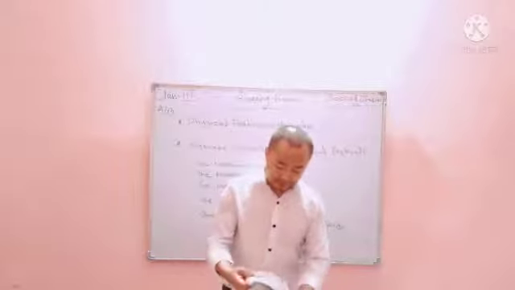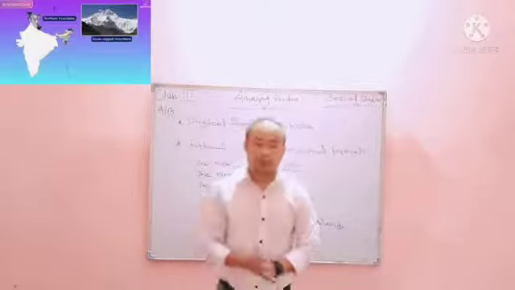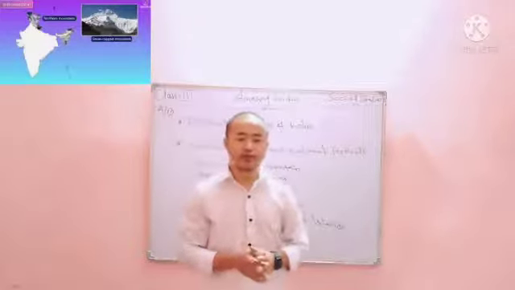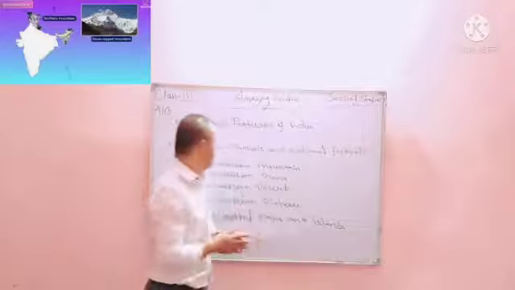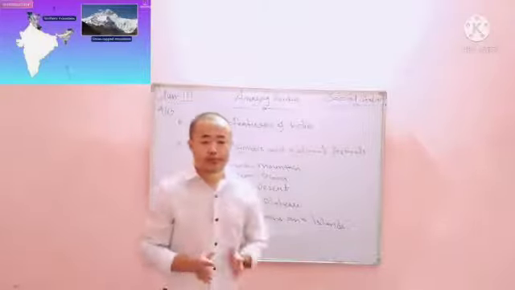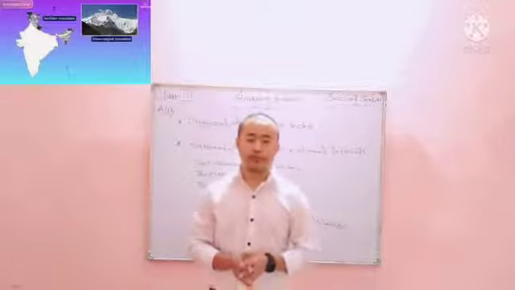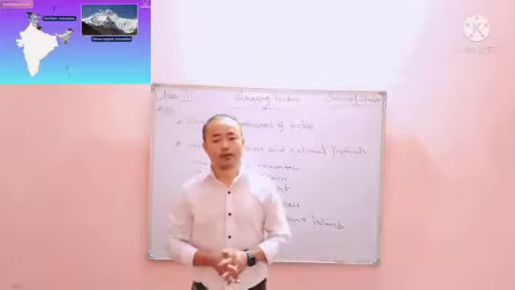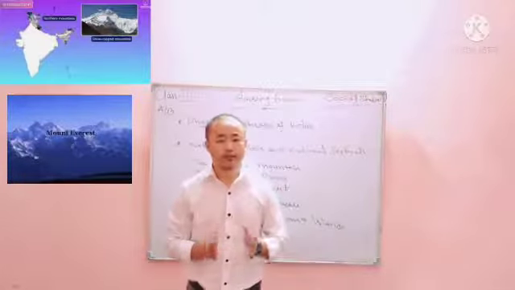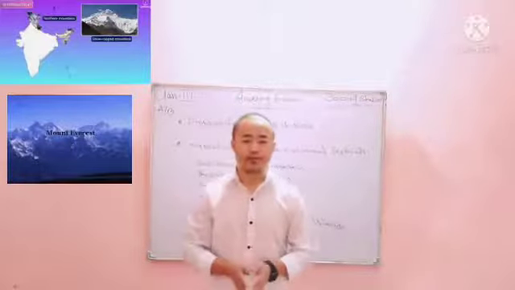The Himalayas are covered with snow. We are talking right now about the northern mountain region. The highest peak in the world, Mount Everest, is in the Himalayas in Nepal.